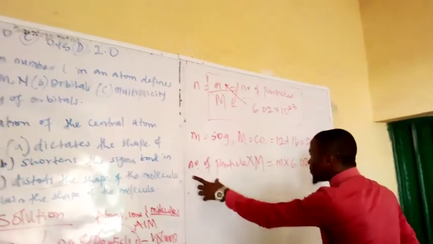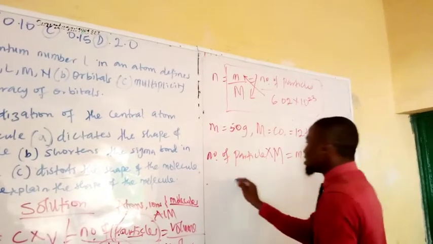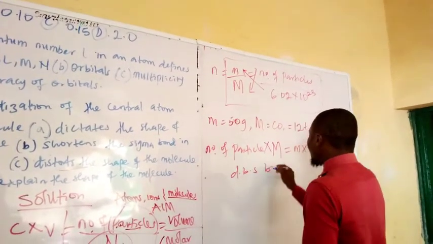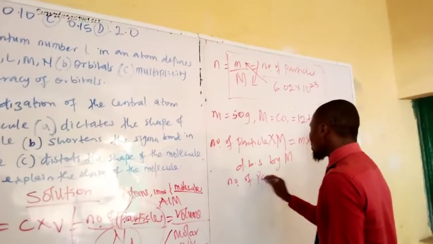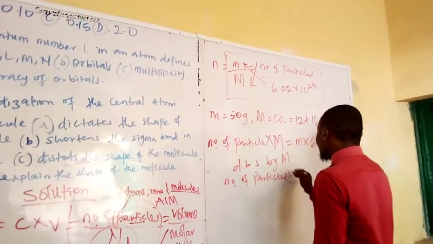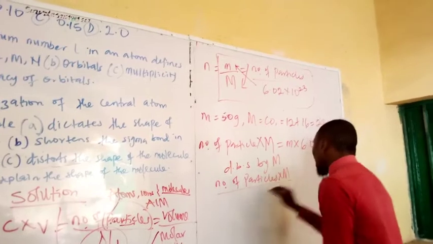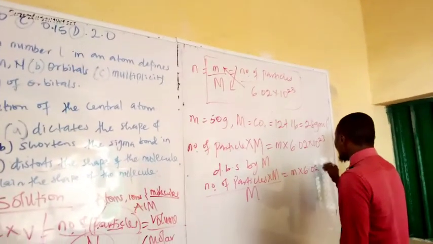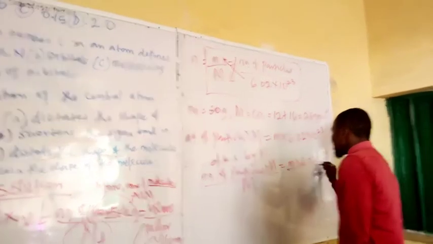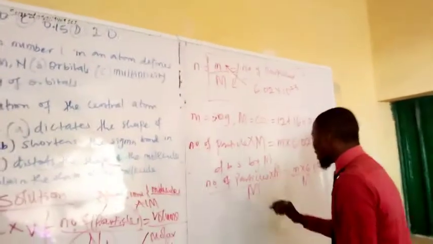You are in need of the number of particles, so you divide both sides by molecular mass. That becomes number of particles times molecular mass divided by molecular mass is equal to mass times 6.02 times 10 raised to the power 23 divided by molecular mass. So this cancels out.